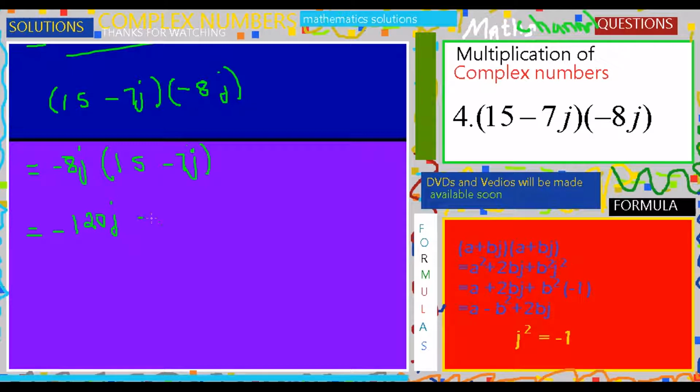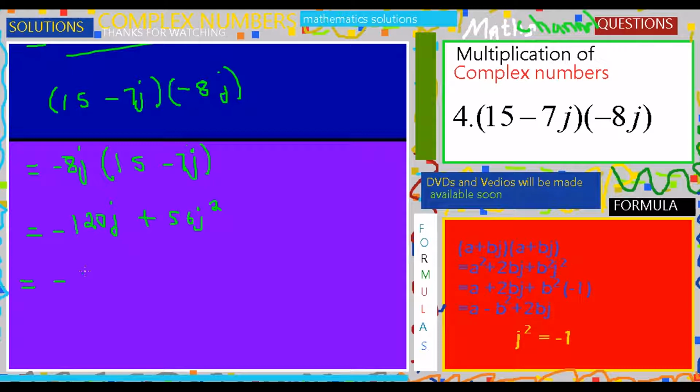And then 7 multiplied by 8 is not 72. It's 56. So we'll have 56j squared. The square comes when multiplied by this j. The j and i are the same thing.